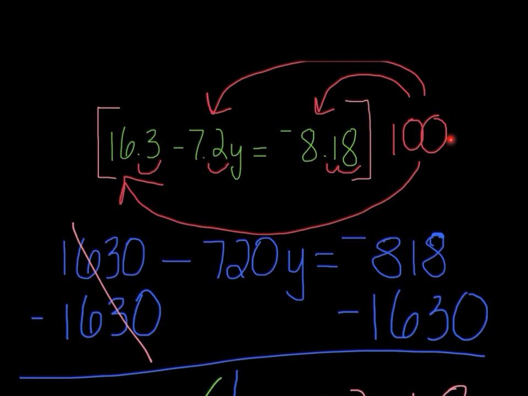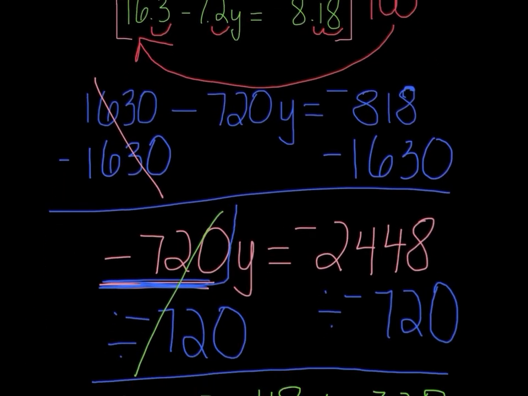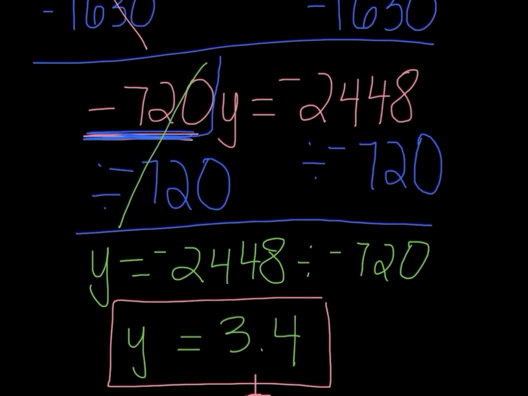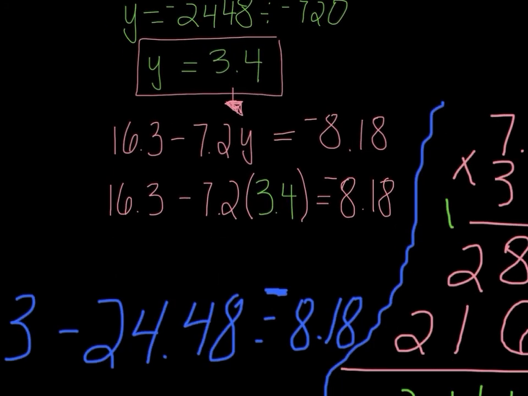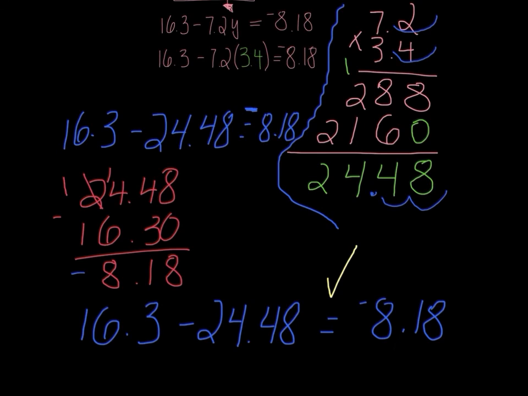In doing that, I cleared away all of the decimals so that I was able to work with simpler integer values, and ultimately found the solution, which was that y equals 3.4. And it's no surprise that I wanted to get rid of my decimals, because as you saw down here, when I was checking my work, the decimals made it much more time consuming and more complicated. So I think whenever possible, it's a good strategy to remove the decimals from the equation.